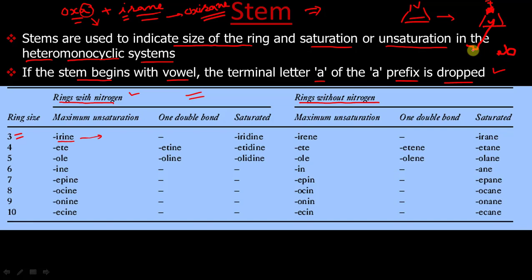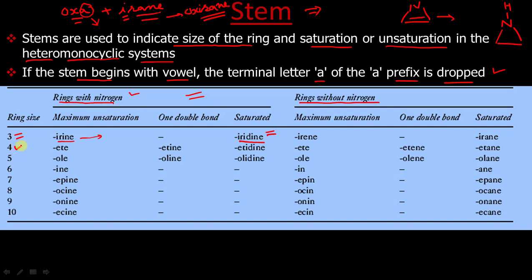Let me erase this. Now we can draw once again. Suppose this is your saturated compound. For this system, a three-membered saturated ring, the stem that will be used is iridine. So this is the stem that will be used.